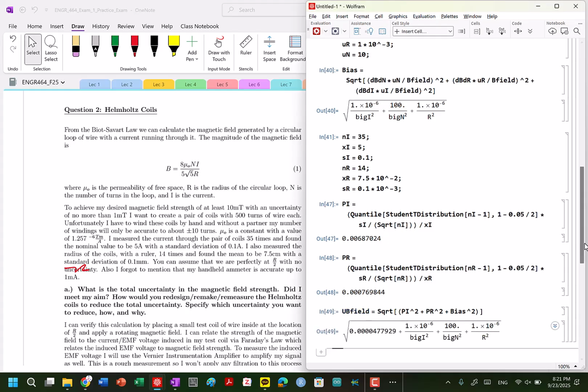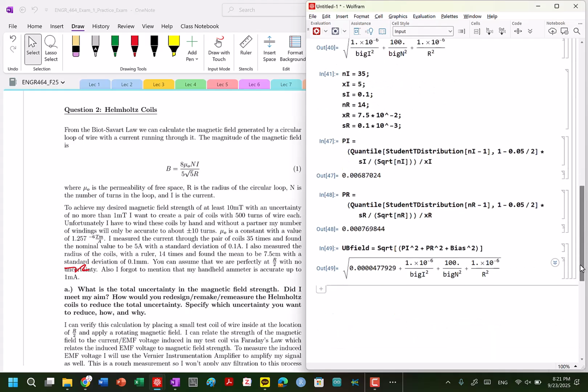And what I can do is simply take my UB field, where big I goes to Xi, big N goes to the value, which is just 500 turns nominally, and then my radius goes to XR. And there you go. So we have about 2.5%.